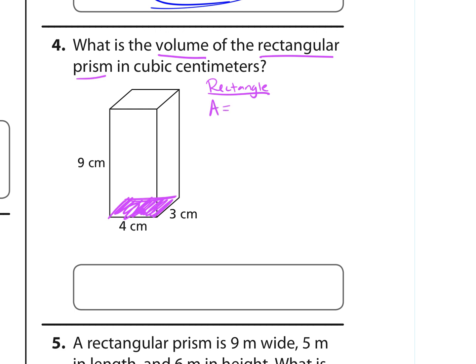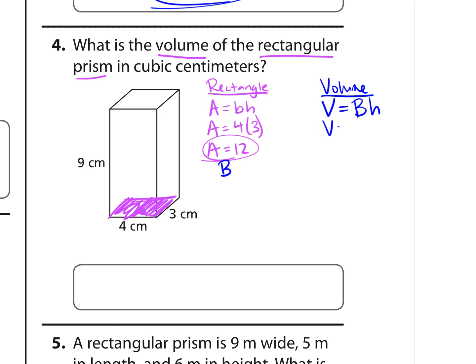So the area is base times height. So I'm going to use 4 times 3, which is 12. Now I want to find the volume of the whole rectangular prism. And volume of any prism is V equals capital B, for base area, times the height. We just found the capital B base area was 12.